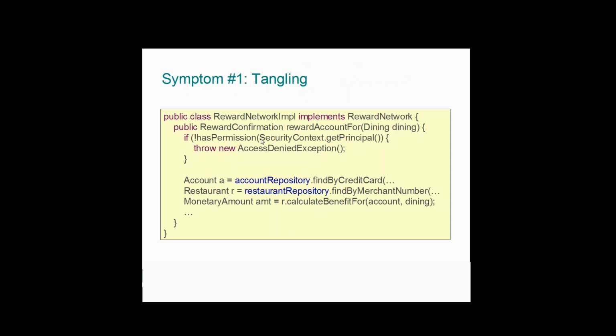You need to do a security check, open the transaction, and also do logging. Three or four different cross-cutting concerns get cut across your business logic. If I have such code, with security, transaction, logging, plus my business logic, what problem am I going to hit with this kind of code?